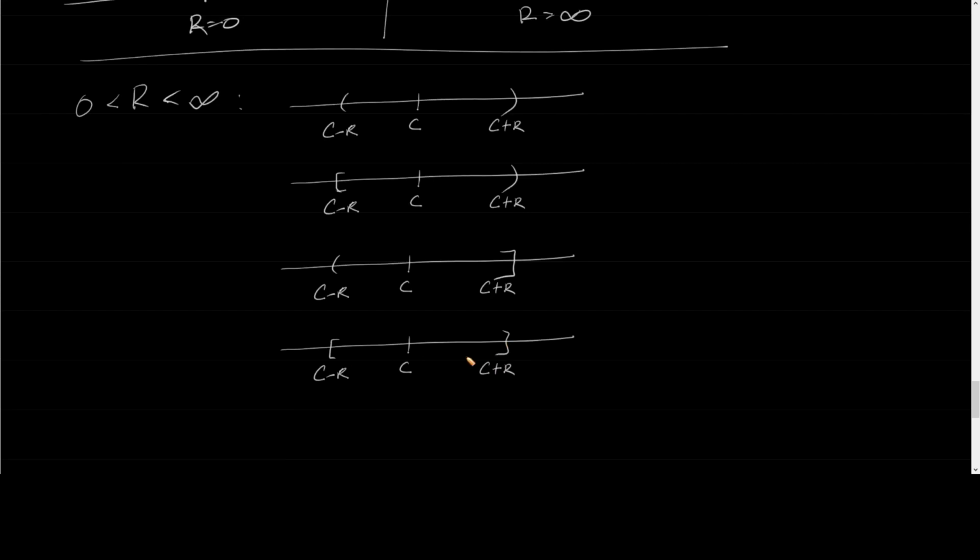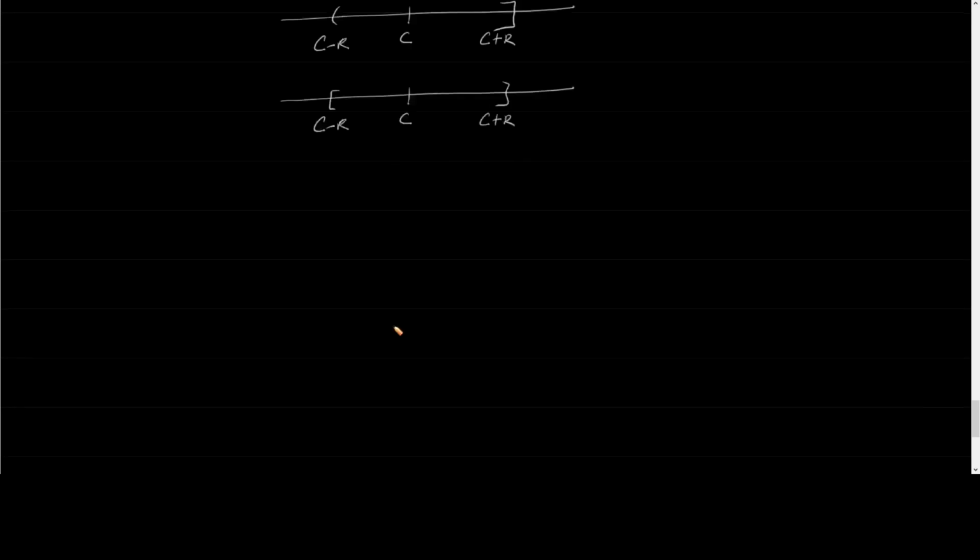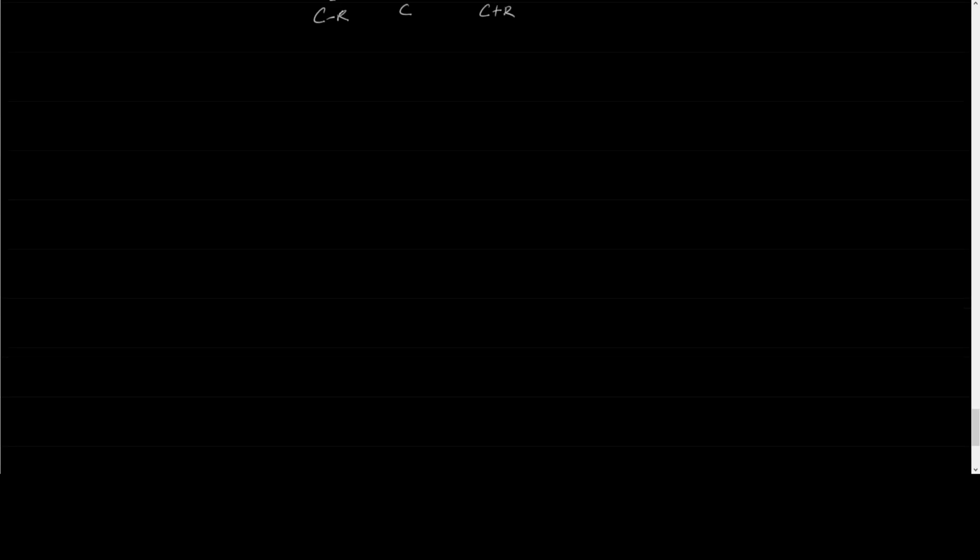So in here, these are all possibilities, right? And they're all different intervals of convergence. So to actually find which scenario you're in, all you really need to do is figure out first the radius of convergence, and then what happens at the endpoint. So let's do a couple of examples. So find the interval of convergence.